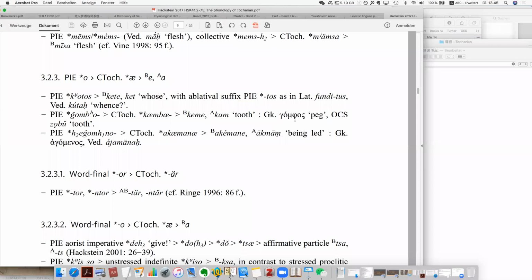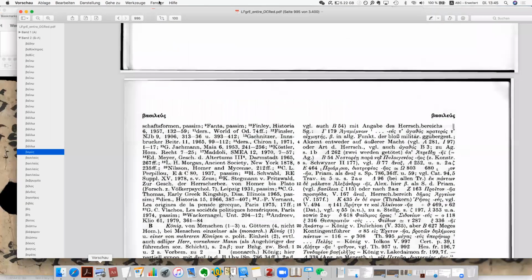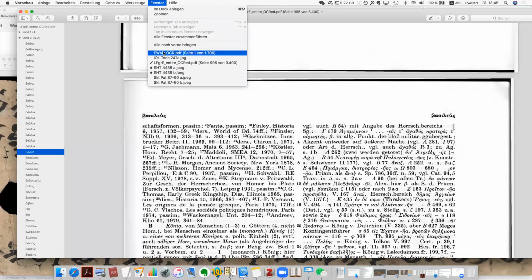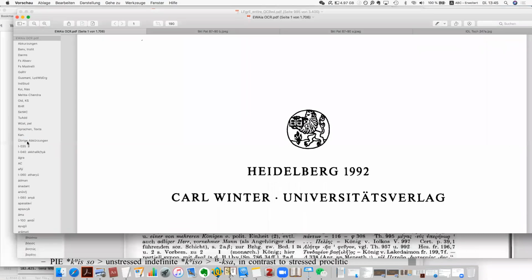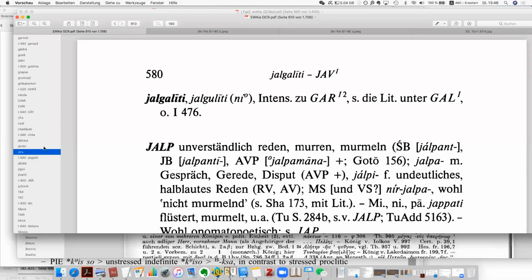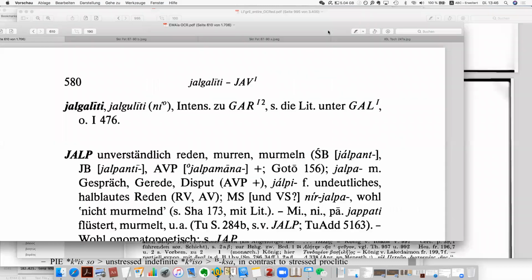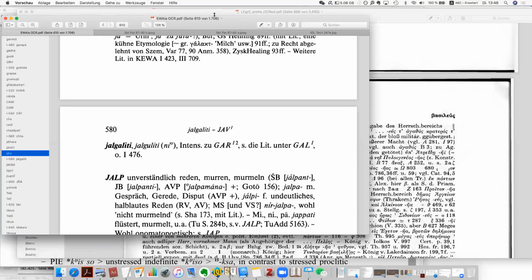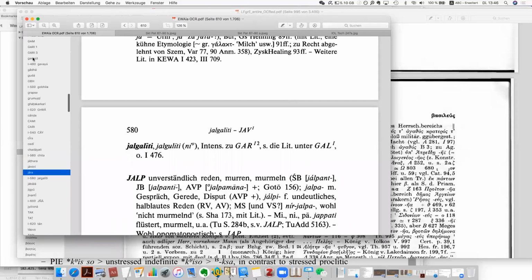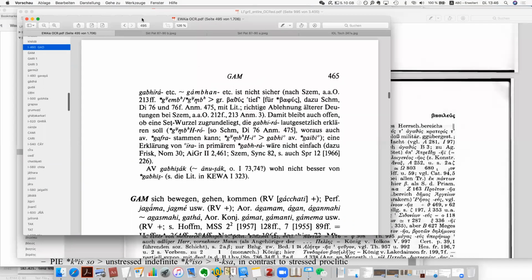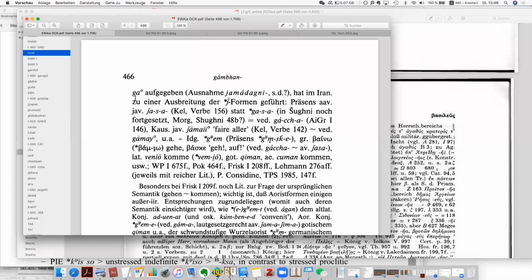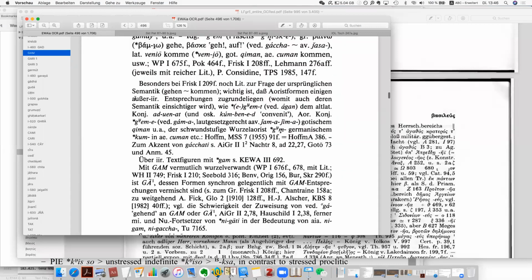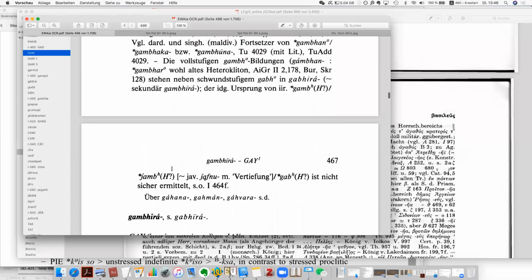Like Greek gomphos. And this word, you find it also in Sanskrit, actually. So let's find it in Sanskrit. In Sanskrit, it should be, oh, not this one.